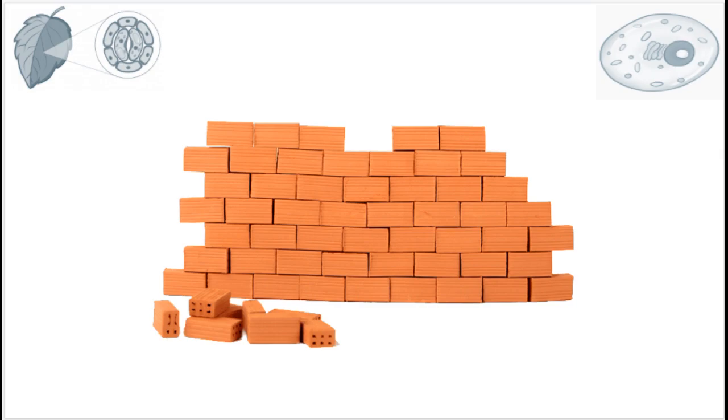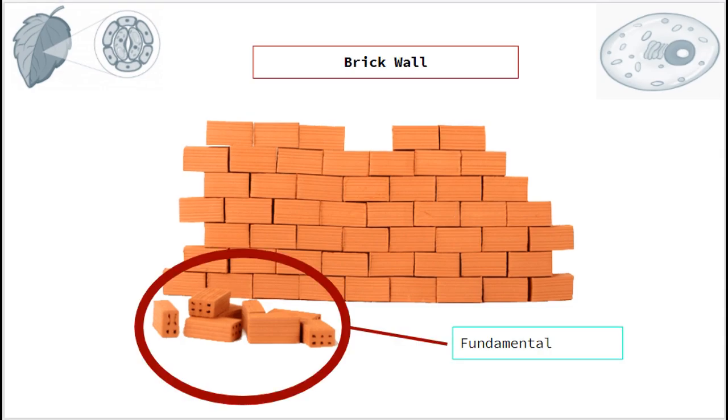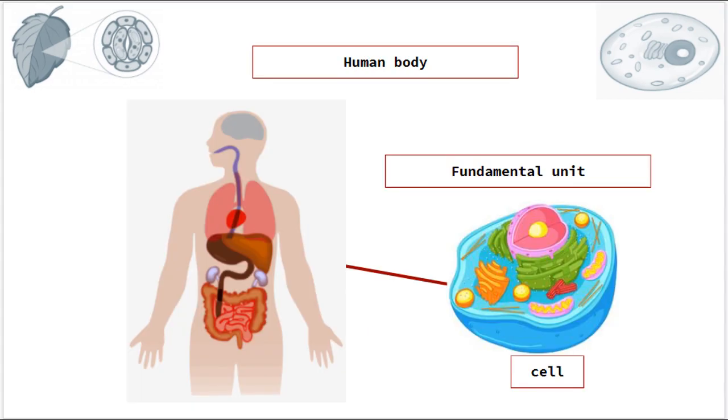These bricks are the basic requirement for the wall to be constructed. The same way, a living organism's body also is made up of some basic structures. They are very small. These structures are called cells.